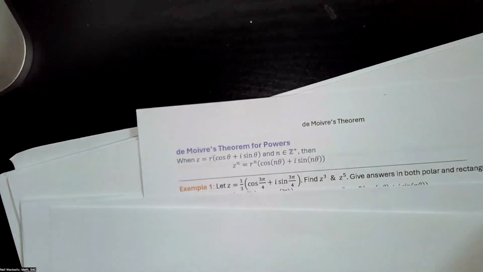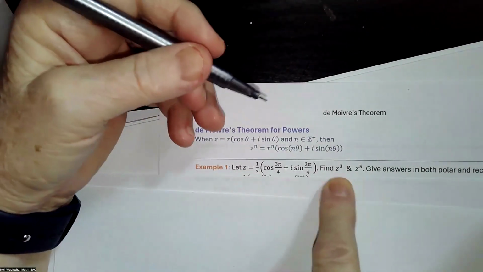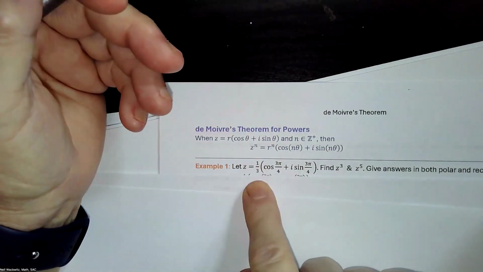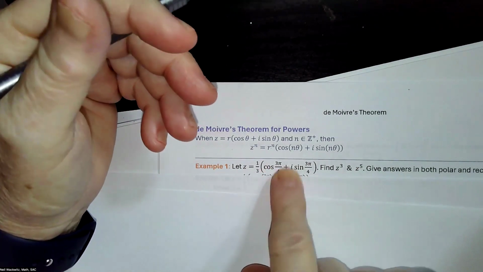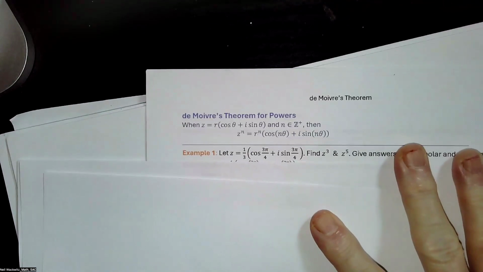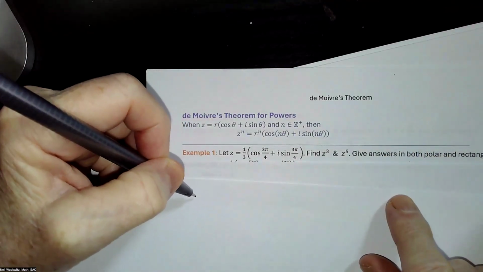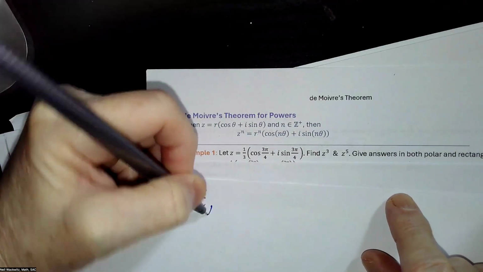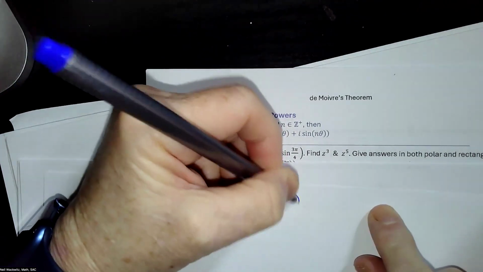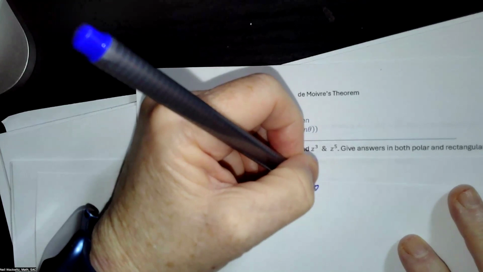Find z cubed and z to the fifth if z is 1/3 cosine 3 pi over 4 plus i sine 3 pi over 4. So let's see. For z, r is equal to 1/3, and theta is equal to 3 pi over 4.